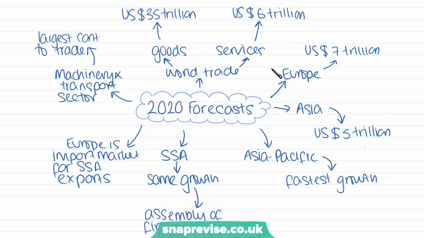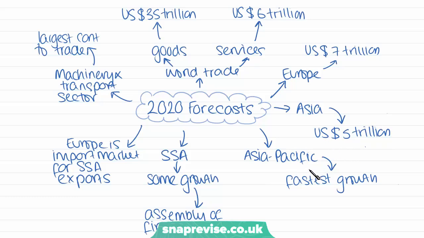So, these are really substantial figures, and it just shows how important trade is to the global economy. Intra-regional trade within Europe will be worth more than 7 trillion US dollars, which is still going to be more than in Asia. So Asia won't have caught up with Europe by then, standing at about 5 trillion US dollars at that point.